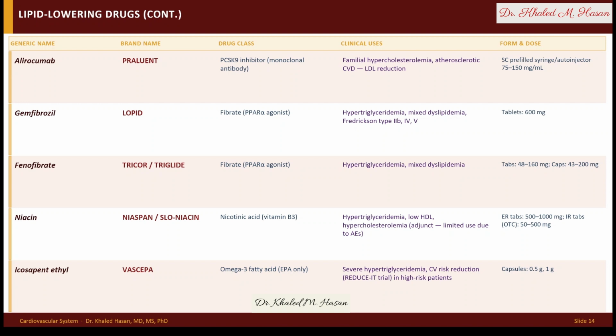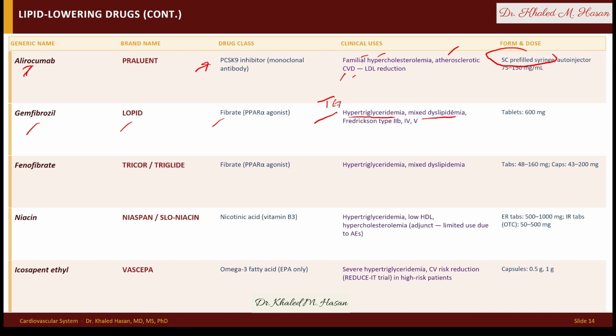Then we have alirocumab, Praluent, PCSK9 inhibitor, familial hypercholesterolemia. We talk about genetic atherosclerosis, cardiovascular disease, subcutaneous prefilled. Gemfibrozil, brand name Lopid, belongs to the fibrates, mainly targeting the triglyceride. So we need to remember there hypertriglyceridemia.